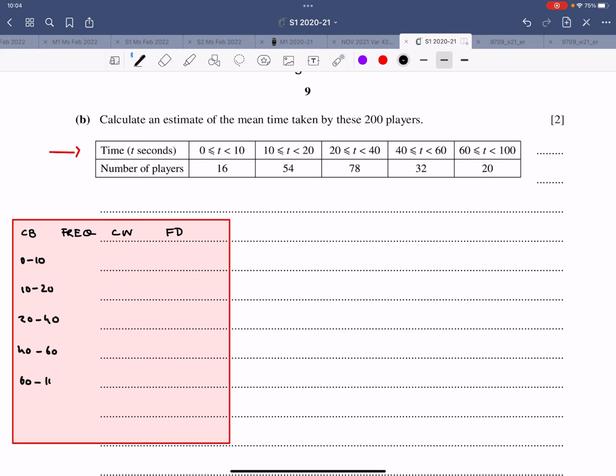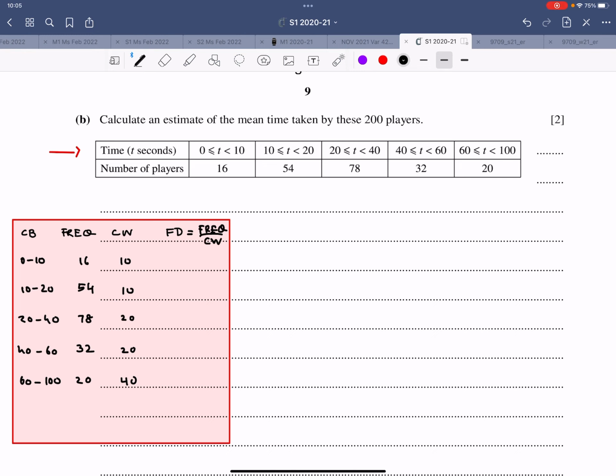The frequencies are 16, 54, 78, 32, and 20. The class width is 10, and 10, and 20, and 20, and 40. Frequency density is frequency of a class divided by class width. That is the formula for this part.